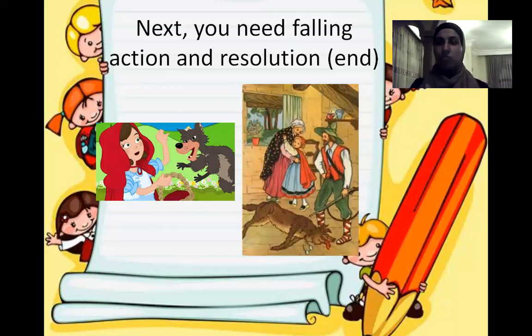That was Little Red Riding Hood. So it had a beginning, a middle, and an end. Beginning, setting the time and the place and the characters. You had rising actions, you had climax, you had falling actions, and you had the resolution, the ending of the story.